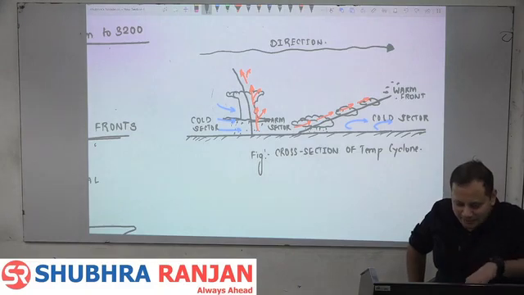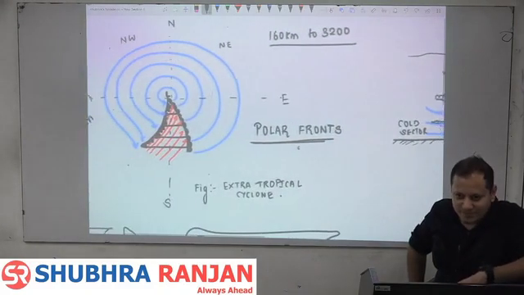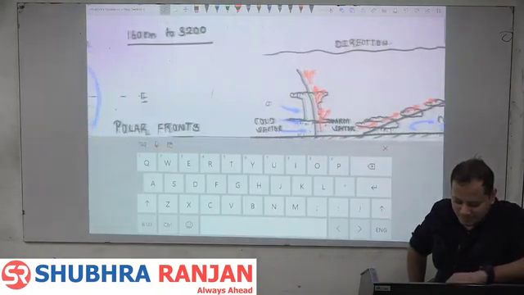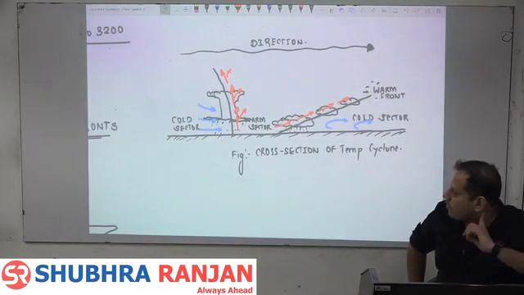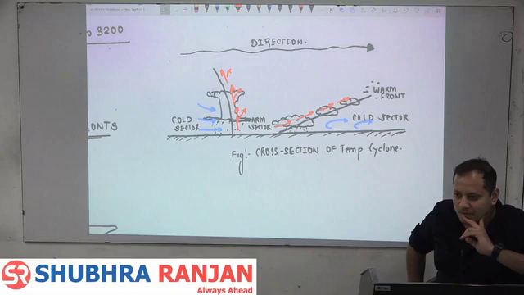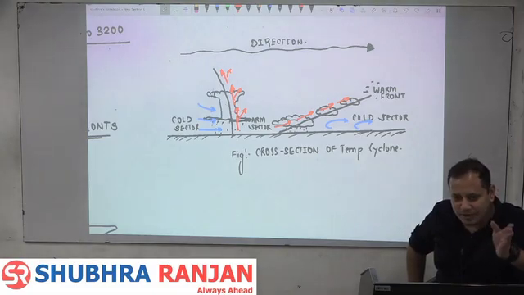Now getting an idea what is this diagram? And how they are going to move?